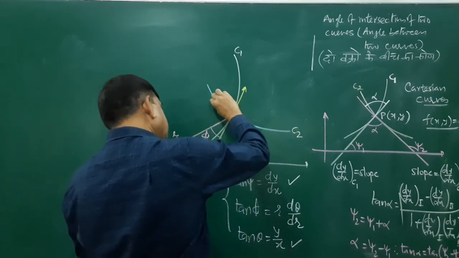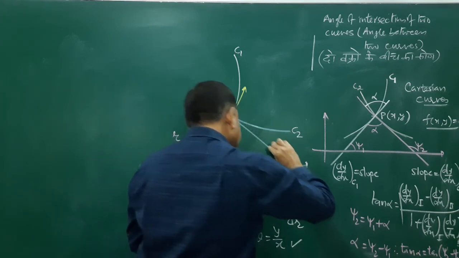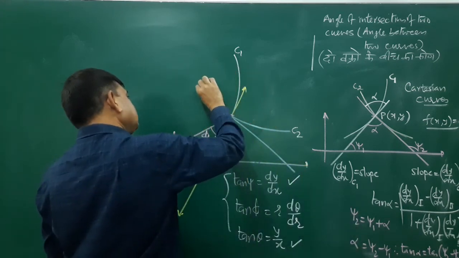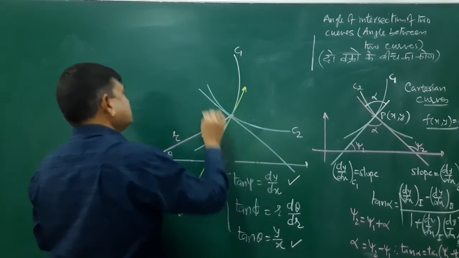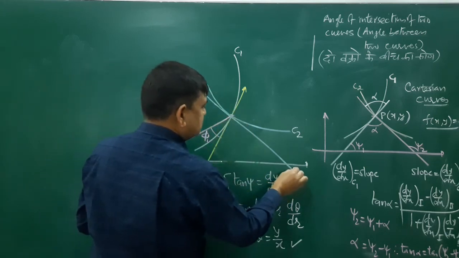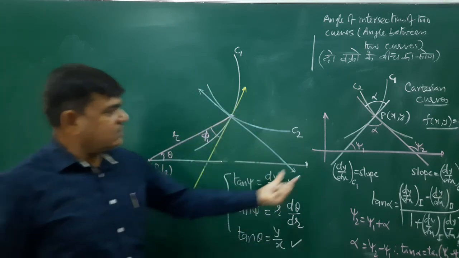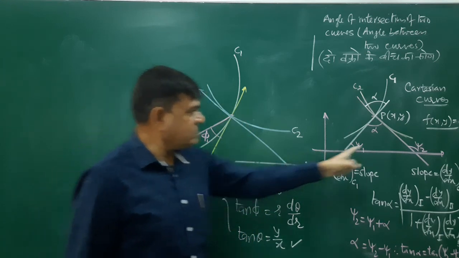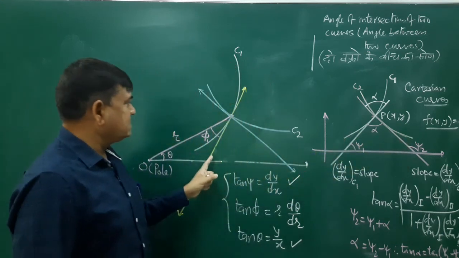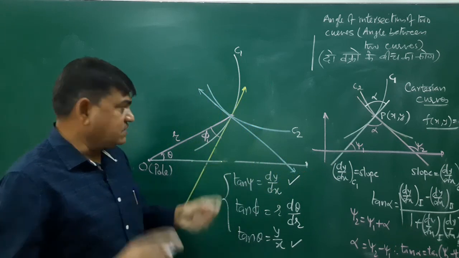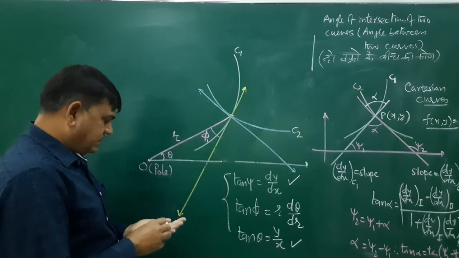And here is the tangent, this one. Remember the diagram is like this. So this angle is psi 2, here it is psi 2, this angle is psi 1. But we will not consider this, we consider this one.